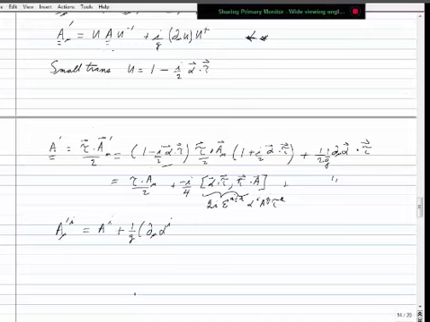Okay, that first piece then is just tau dot A mu over 2.